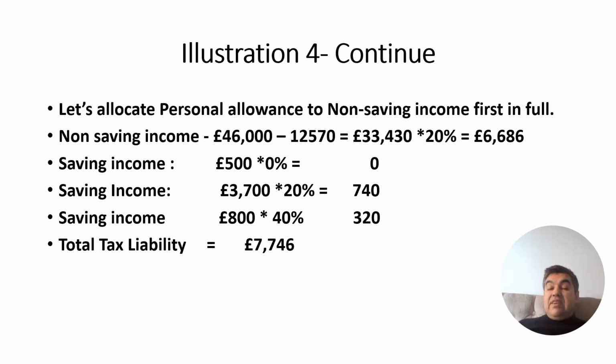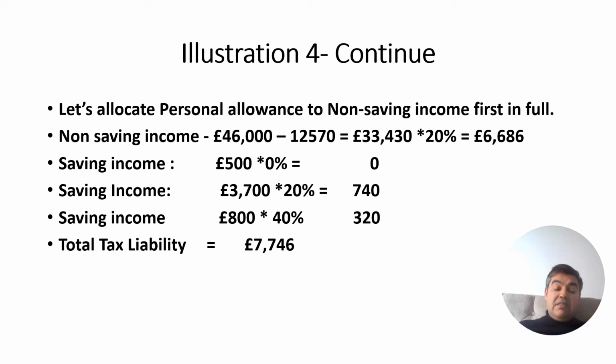Then the remaining savings income of 3,700: we still have some of the basic rate band left, which is applicable up to 37,700. We only utilized 33,430 plus another 500, so there's still part left, which allows us to apply the 20% rate to the savings income, and the savings income of £800 will be taxed at 40%.